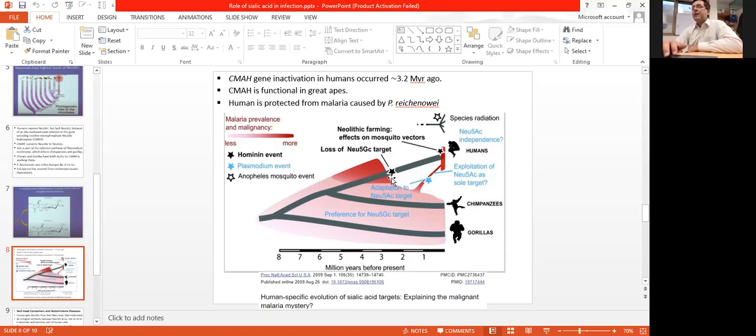And here, around 2.5 to 3 million years ago, this loss of Neu5Gc target happened. It has been estimated that this particular change in the CMAH gene would have taken place during this era.